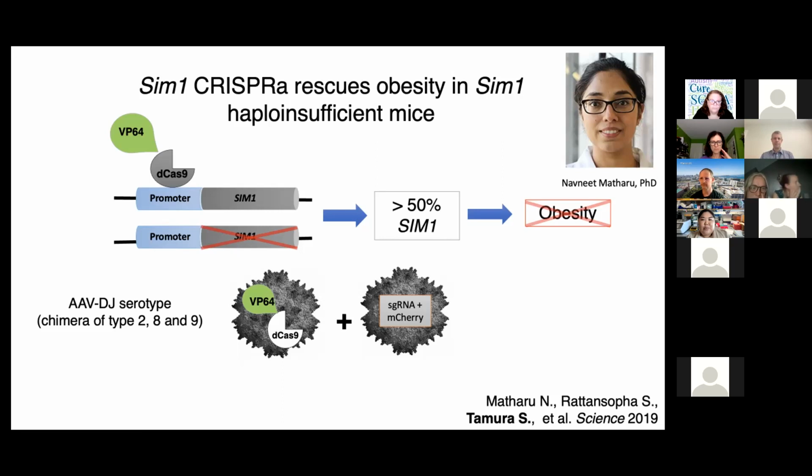So what we did was we injected AAV particles that contain the CRISPR activator complex, that's the delivery truck fused with the transcriptional activator, and then designed guide RNAs to target the promoter of the healthy copy of the gene. We injected the SIM1 heterozygous mice at around 4 weeks of age with the idea that perhaps we'll be able to rescue that obesity phenotype.